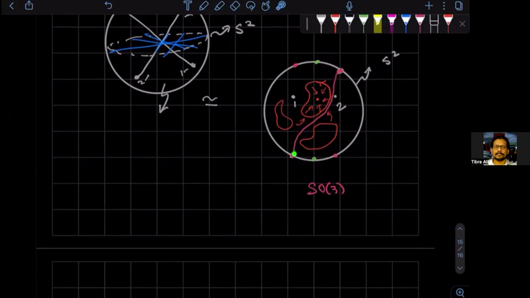So this loop is an example of a loop that cannot be reduced to a point in a continuous fashion. Because they have to be antipodal to each other the entire time. Exactly, because this point and this point are the same point, right? So it's impossible to bring them together because they're by definition antipodal, right?